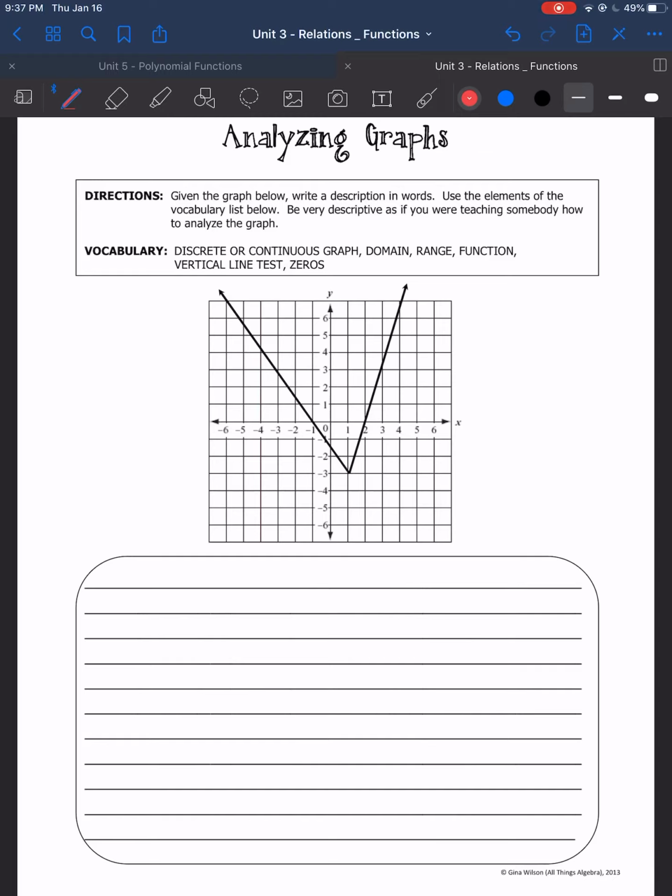Discrete means it's just a bunch of individual points. It looks to me like it's not a bunch of individual points and they're connected. So I would say this graph is a continuous graph.